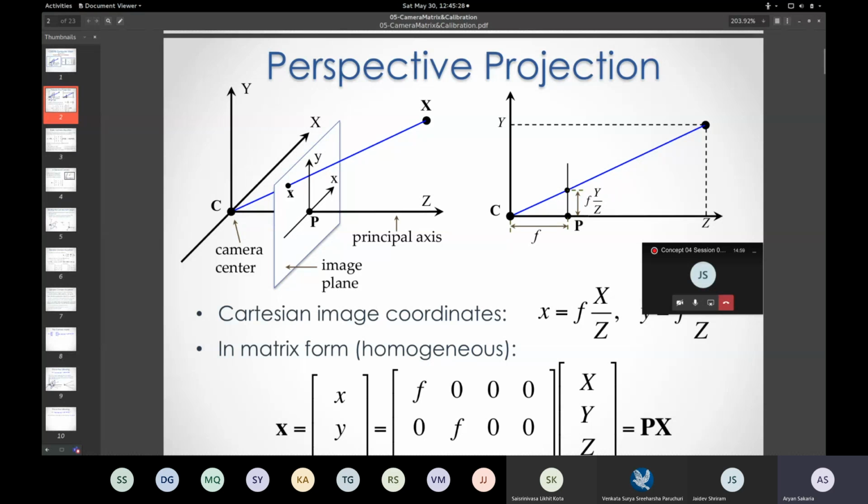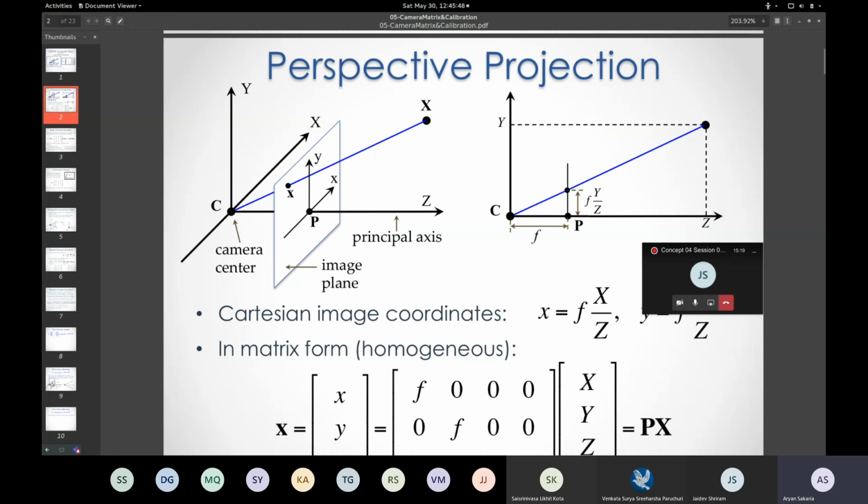So for just this part, consider everything to be in the camera coordinate system. But this is not ideally the case. Stuff is not usually like this. Everything is described according to some other world coordinate system.